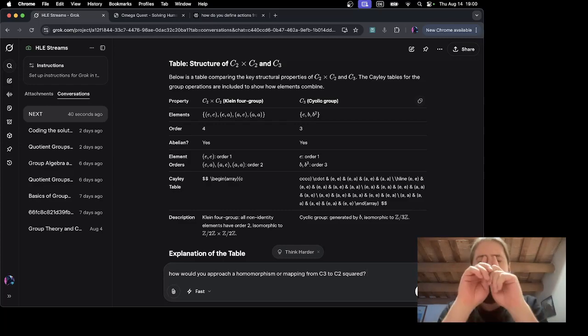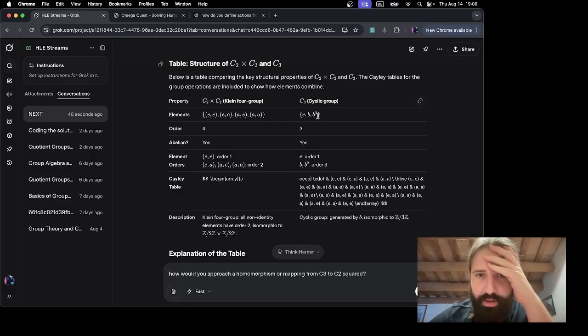So, remember, a homomorphism is a map that respects the operations on both sides, right? I think what that would mean is that probably B is mapped to both EA and AE. That's what my intuition tells me.